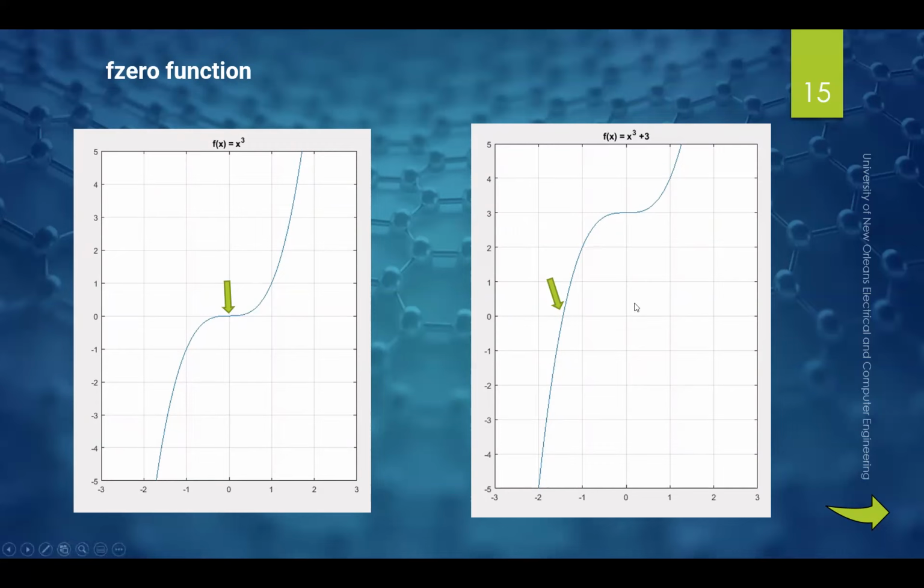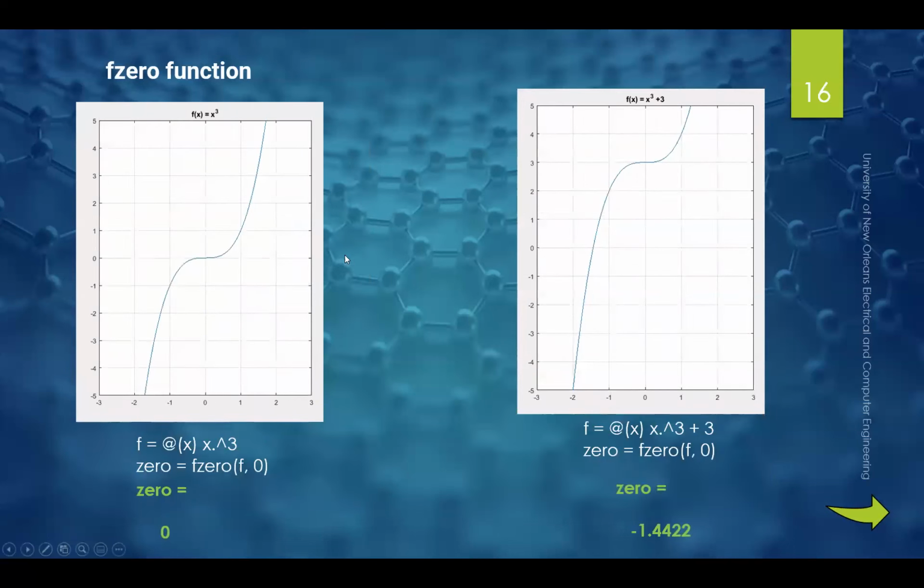And so here we don't know exactly where the function crosses 0. By the arrow, you have an idea where that might be, which might be guessing. It could be around minus 1.5. That's a guess. But if you want to know exactly where that function crosses 0, then we can make use of this fzero function.